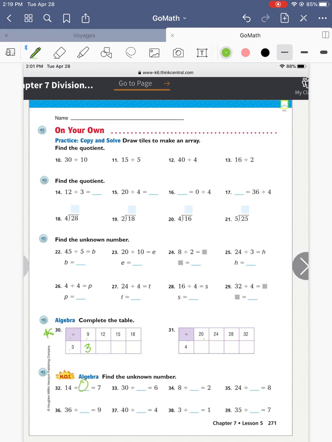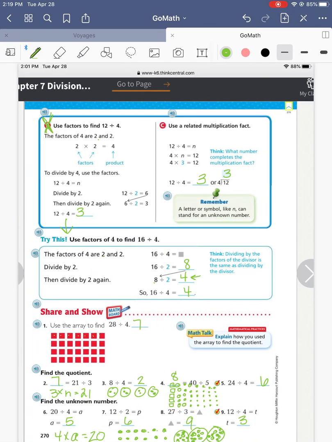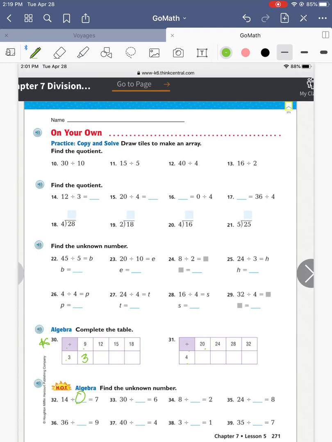Down here, you're finding the missing numbers. So 14 divided by what equals 7? So what's missing from the problems? It's just the same thing as over here, where they put letters in or shapes. They just left it blank on this side. Okay? So get this whole page done and then check it with me.